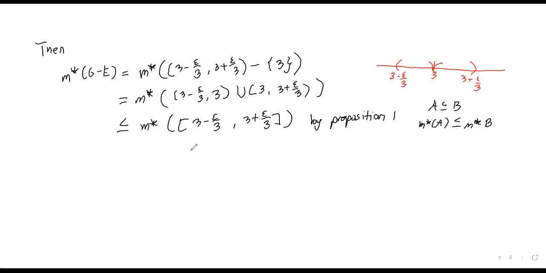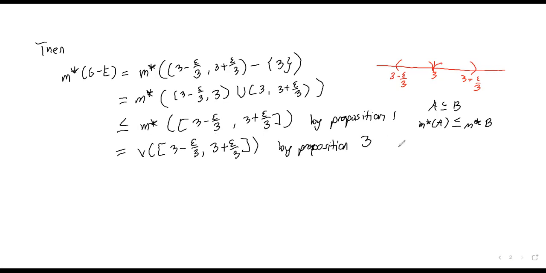Now, outer measure of closed interval using proposition number 3, that is also the volume. So this is now the volume of [3 minus epsilon over 3, 3 plus epsilon over 3]. Okay? By proposition 3.